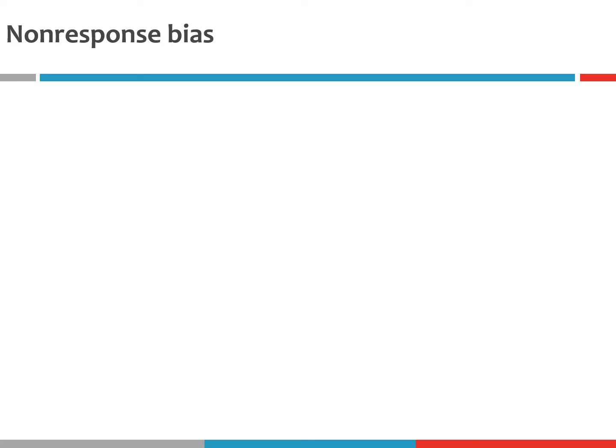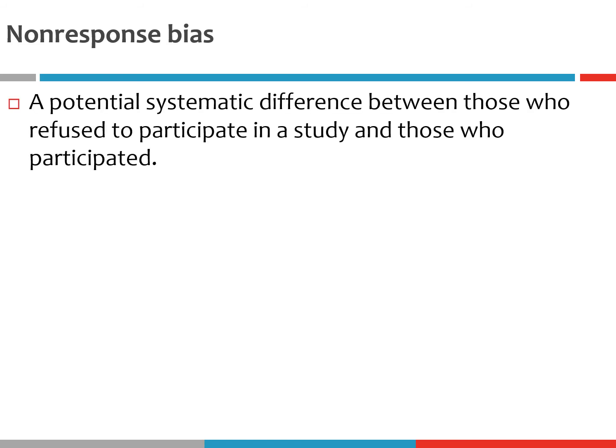The most significant issue that we encounter whenever we're attempting to get a representative sample of the population is something called non-response bias. Non-response bias is a potential systematic difference between those who refuse to participate in a study and those who do participate.